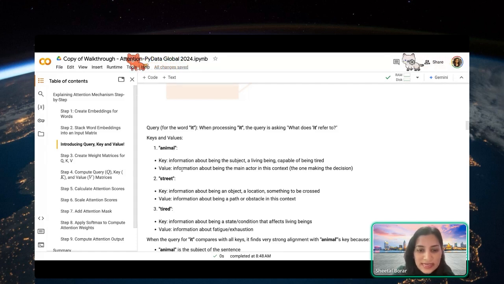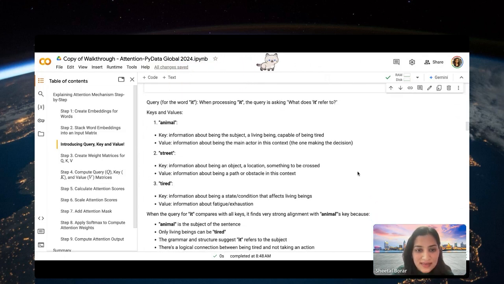And then value is the information about any specific word, what that word is doing in this context, or any other useful information about this word that can help us understand whether this word is closely related to the query of another word or not. So in this context, the value of animal is that it is the main actor in this context, the one that's making the decision.